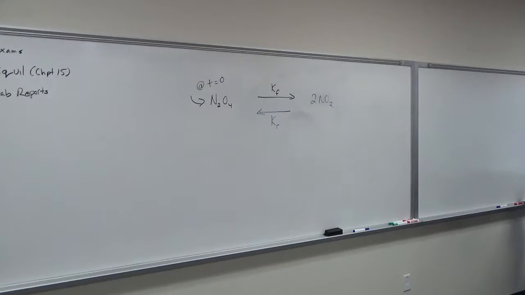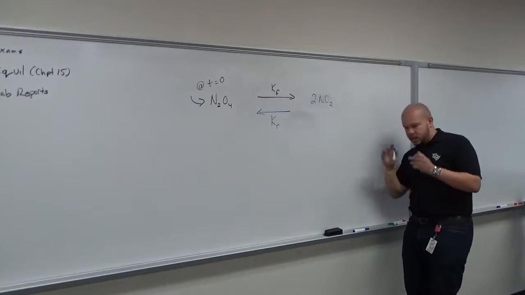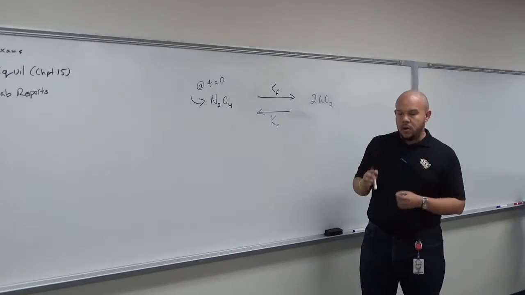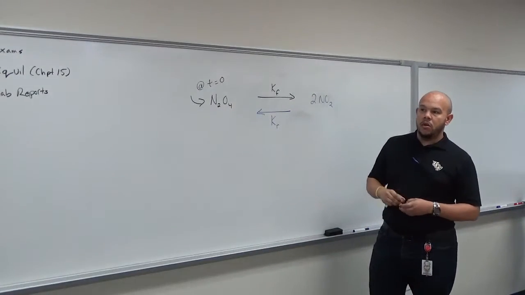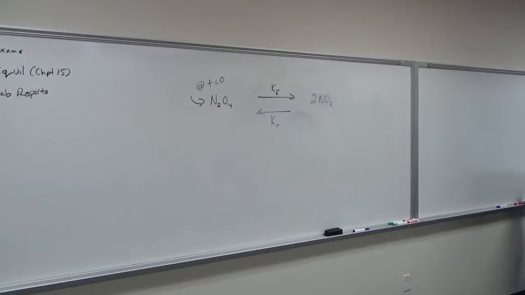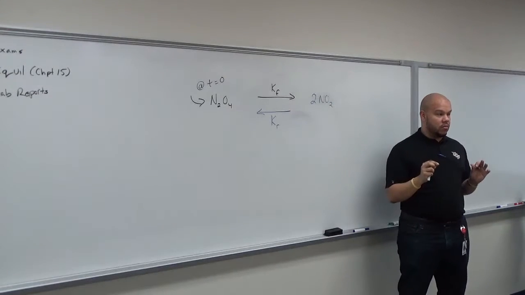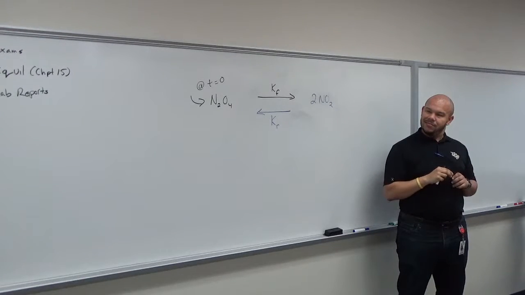What does that mean kinetically? Now this is where you know if you had your head wrapped around this. The composition remains constant. Right, the composition of the container remains constant. So what does that say about the rates of these two? They're equal. They're converting back and forth at the same rate. Right.